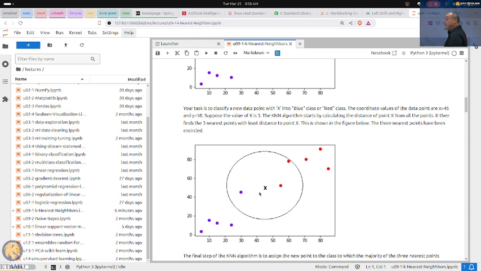You can use a bigger k, so I could use the 5 closest neighbors, which would probably include that one and that one maybe, but we would still be voting for the red or the yes, because it would be 3-2.